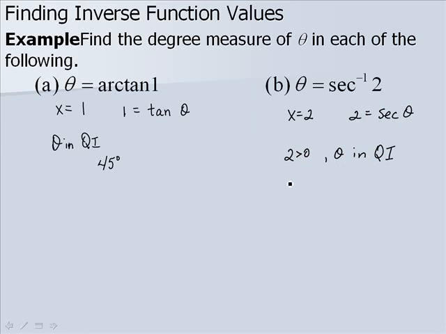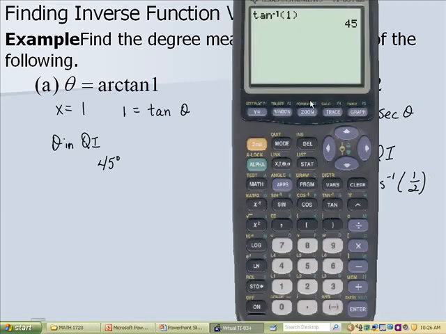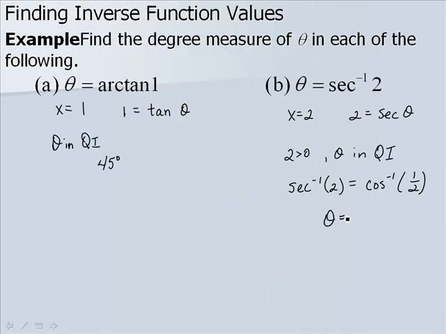Now to find this secant we can't do on our calculator, so we want to convert to cosine, its reciprocal function. So we know that the secant inverse of 2 is equivalent to the cosine inverse of the reciprocal, or 1/2. So let's look at our calculator. So we take the cosine inverse of 1/2, and we see that we get 60 degrees for theta.